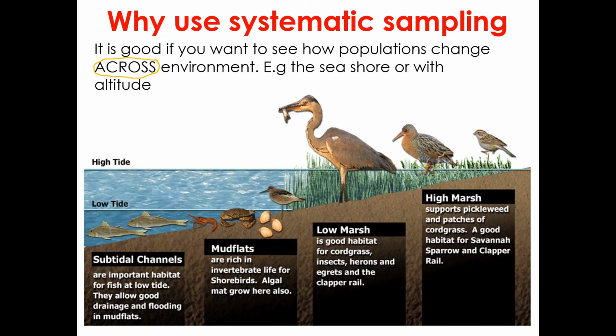Okay, so here's the example of a seashore. Because the seashore changes so much as you move inland, this is a suitable method to investigate if the number of individuals of each population, and also the species present, so which populations are present where in this seashore, change over the distance inland.